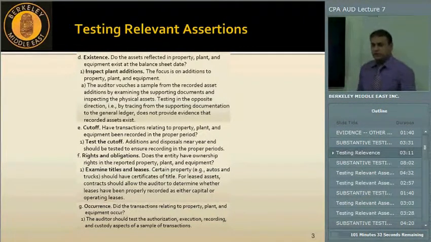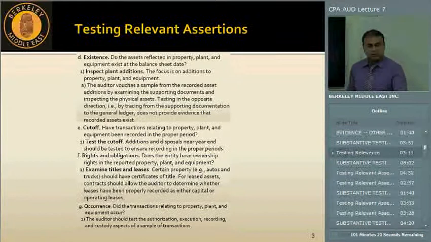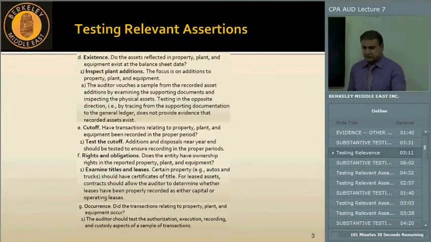For example, if we are a company that makes cars, a car for us is not an asset. This is stock, we kept it to sell. So for us it's a normal sale item. It's inventory, not a fixed asset or non-current asset. So we have to see that the asset is properly classified.